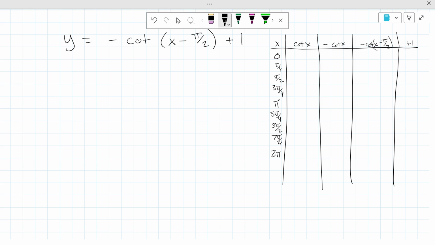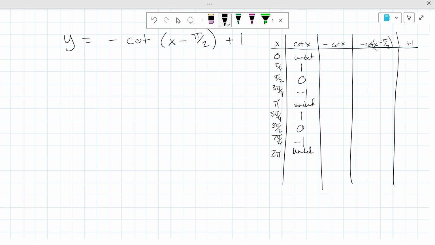And the cotangent was undefined here, here, and here. It's 1, 0, negative 1.